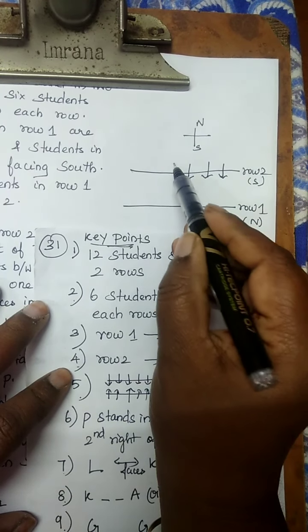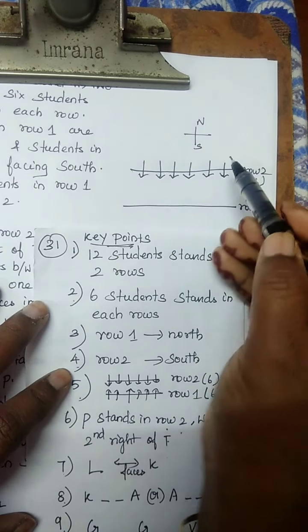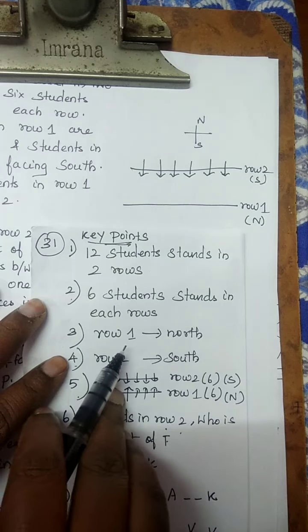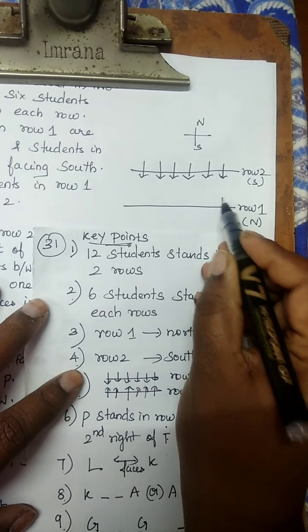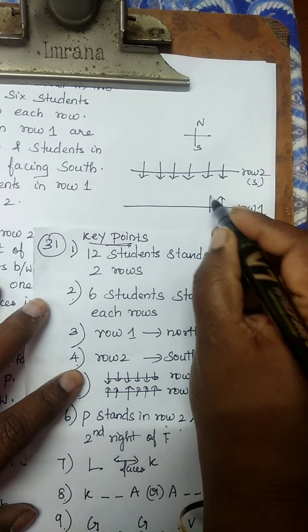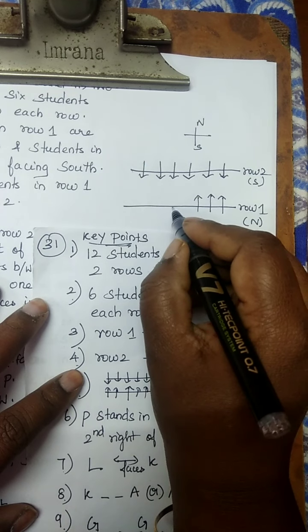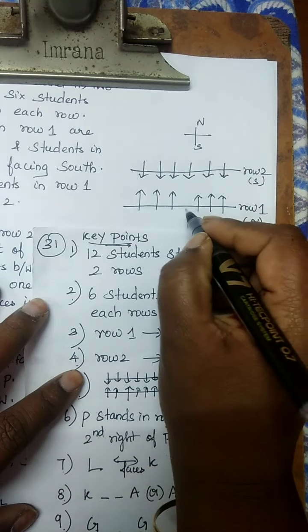Row 1 persons are facing north, seeing towards north.